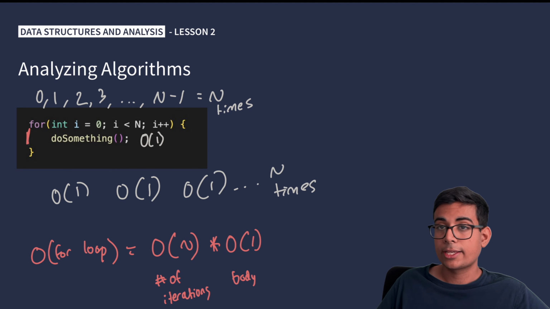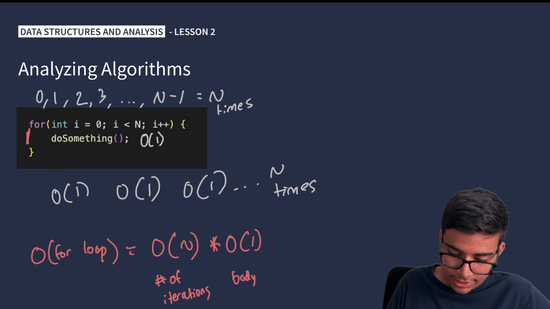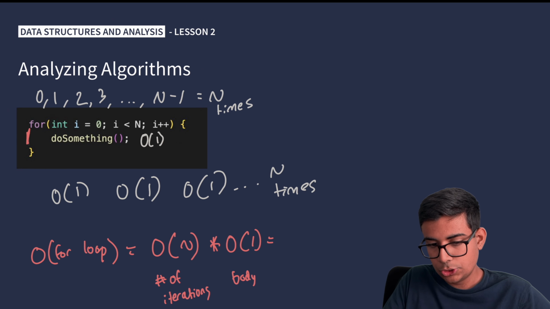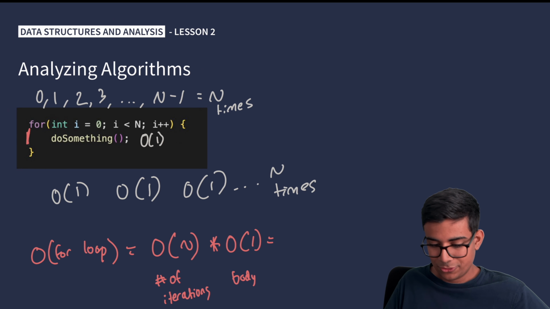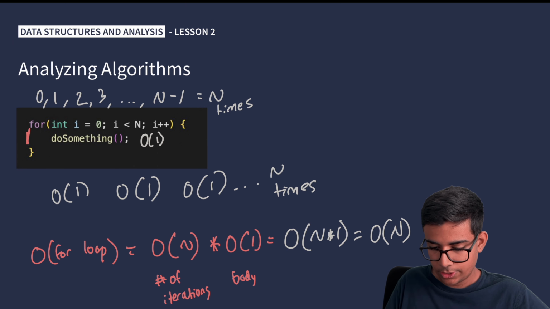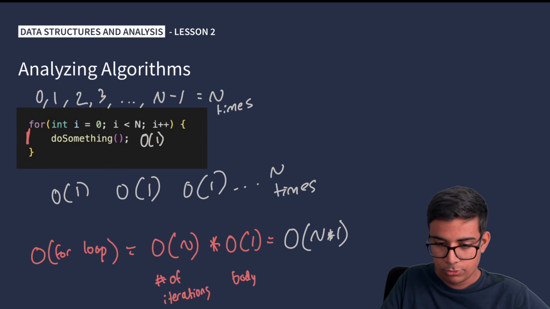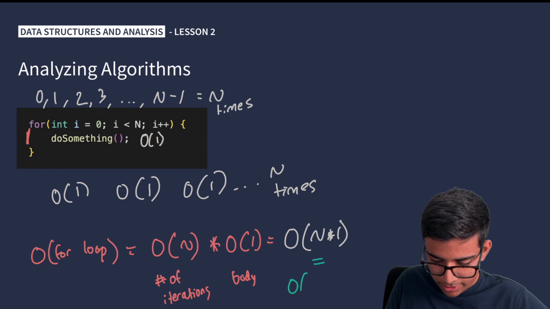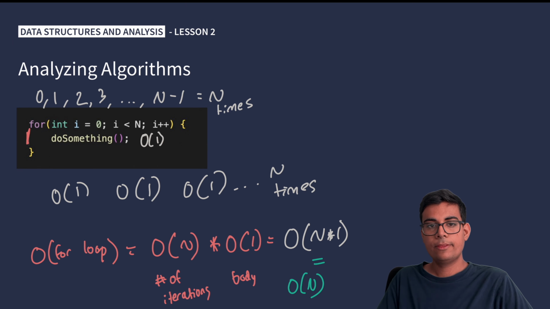If you do some basic math, and the basic math rules do apply, this is O of n times 1, which is O of n. I'm going to erase this and move it because my face cam might be in the way. So this is going to be O of n right over here.